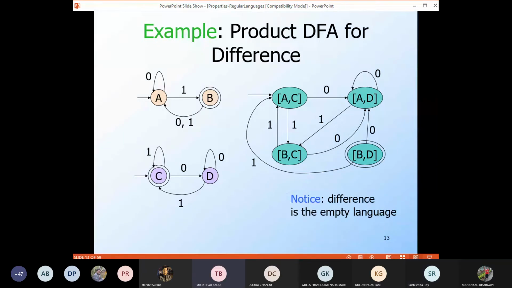AC. Yes, because it has to be the accepting state of M and the rejecting state of L. So accepting state of M is C and rejecting state of L is A. So AC is going to be the final state.